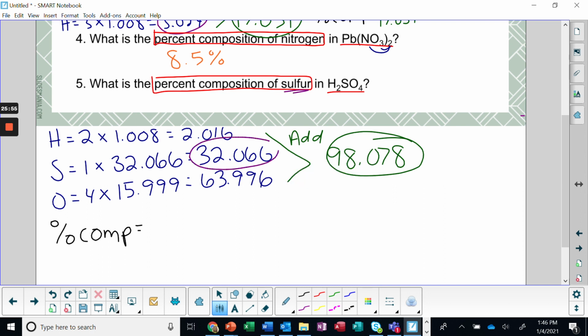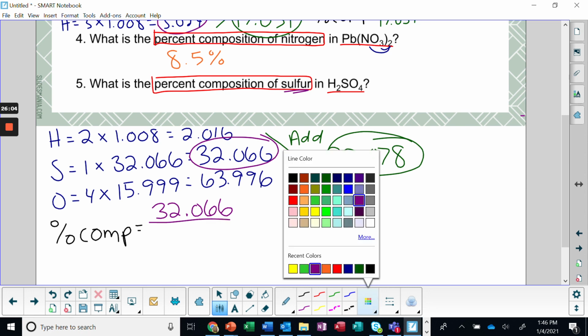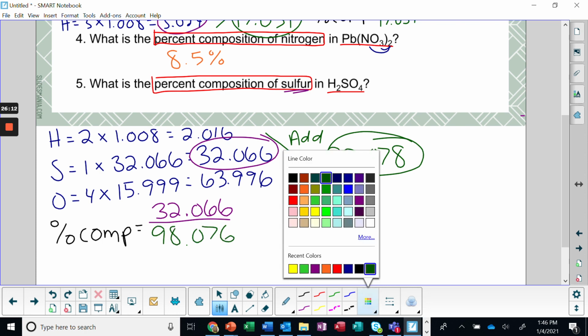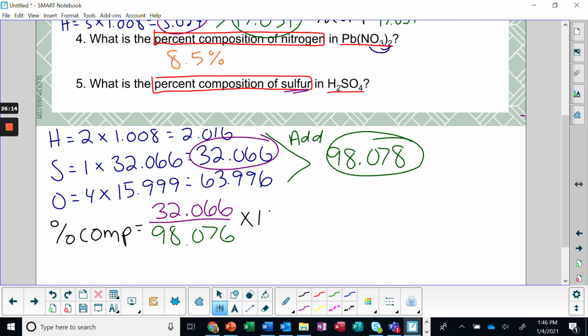So there it is. Divided by the mass of the entire compound, which we circled. And times 100. And we're going to get 33% for the last one.